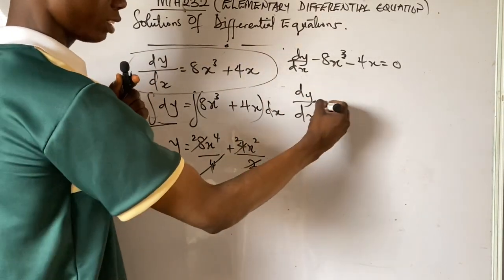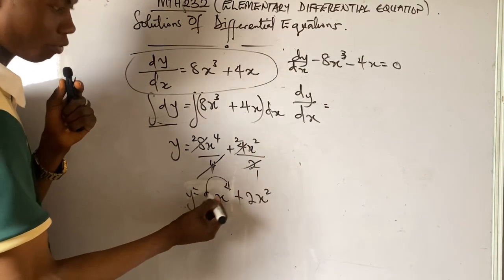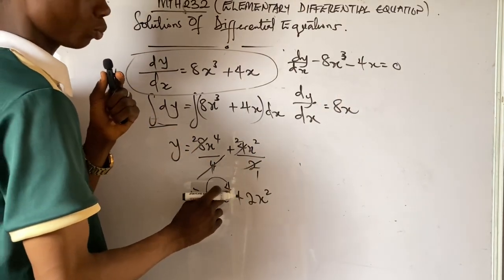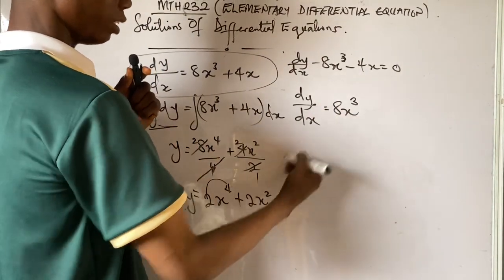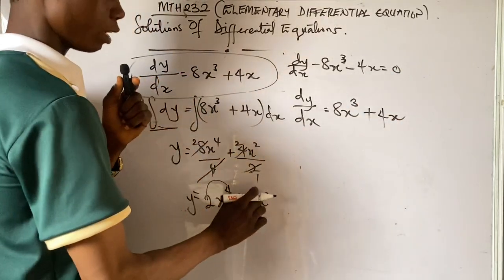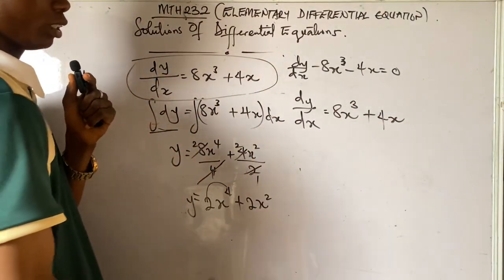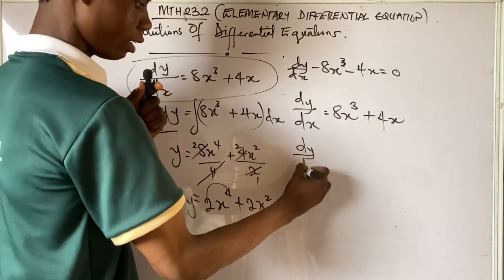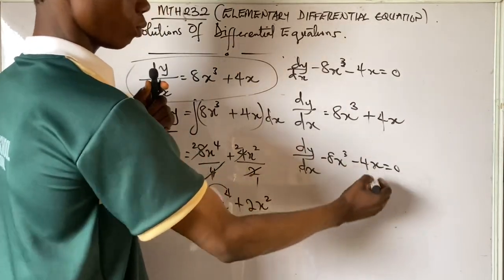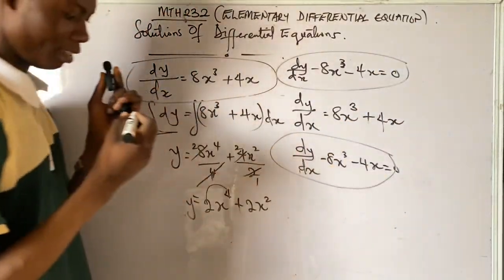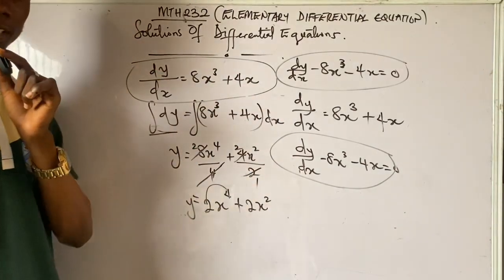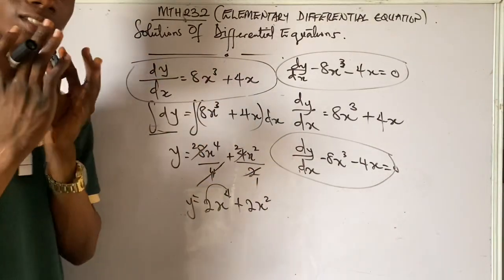So what is dy/dx? dy/dx is 2 times 4, 8, x raised to power 4 minus 1, that is differentiation, plus 2 times 2, 4, x raised to power 2 minus 1. Now, if you put this into dy/dx minus 8x cubed minus 4x equals 0, you can see that these terms are exactly the same. That means the value of y here satisfies the equation. It is this simple.